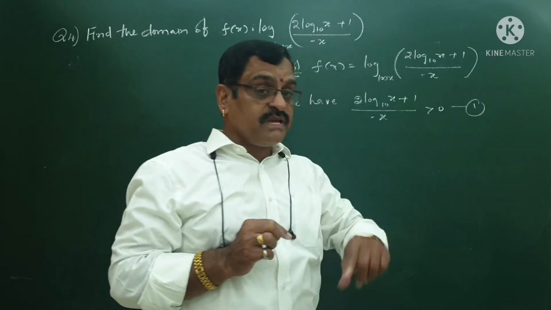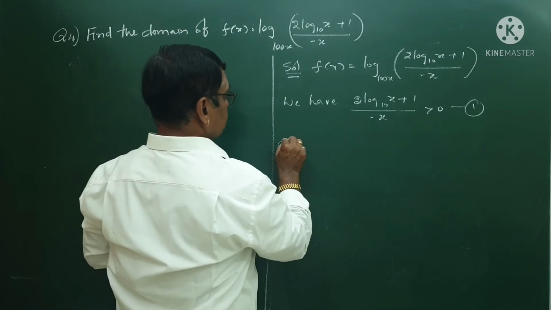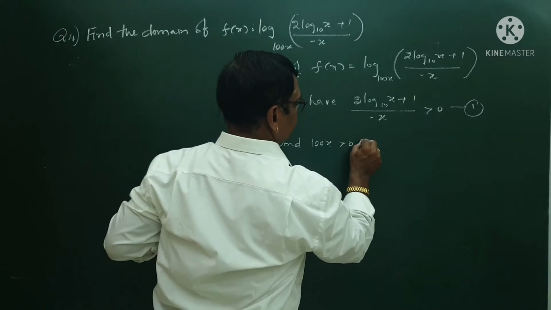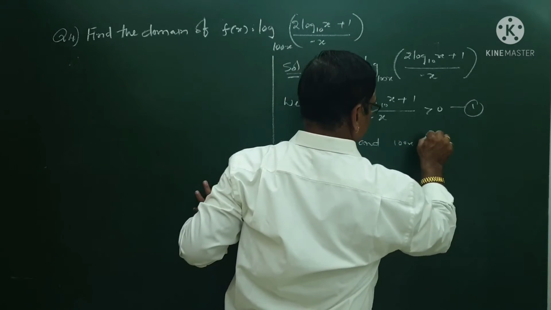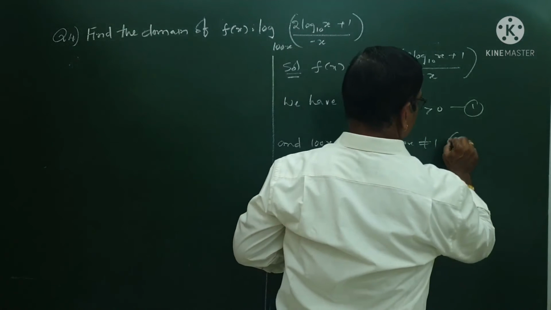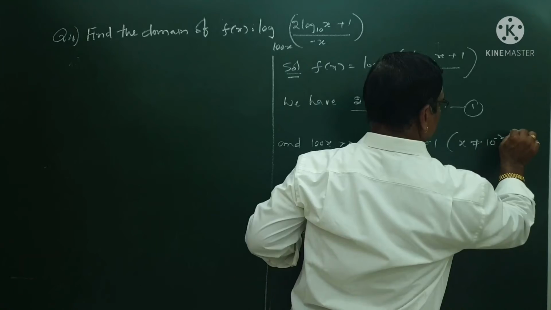The base must be more than 0 and not equal to 1. So 100x is more than 0 and 100x is not equal to 1, or I can say my x is not equal to 10 to the power of minus 2.